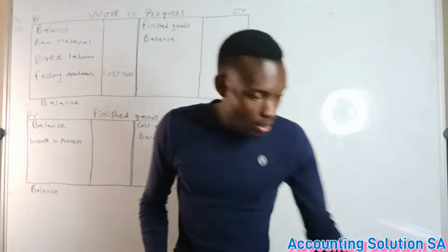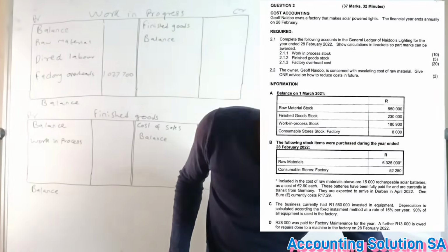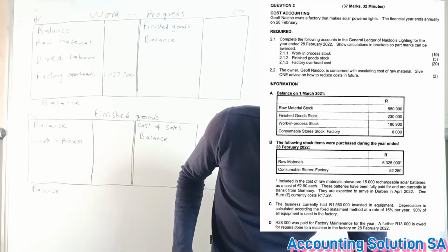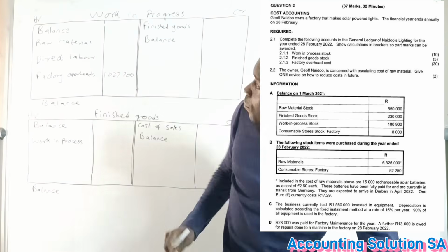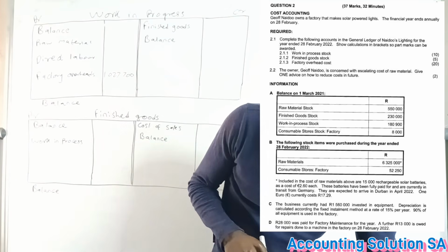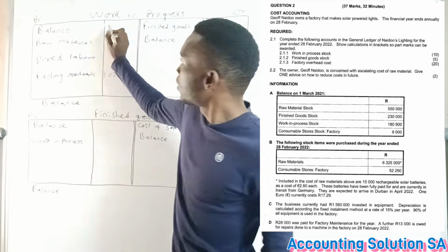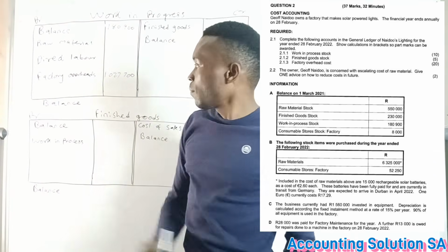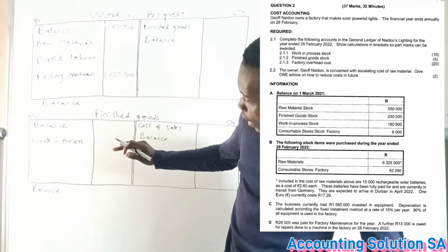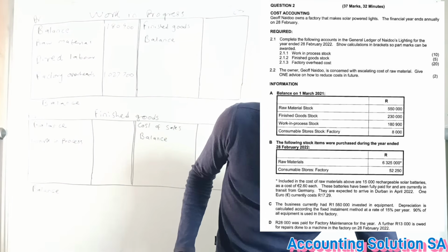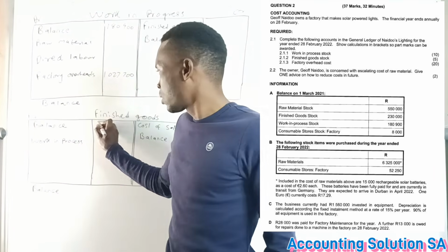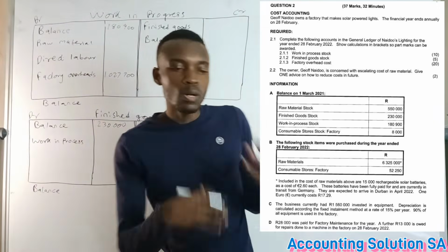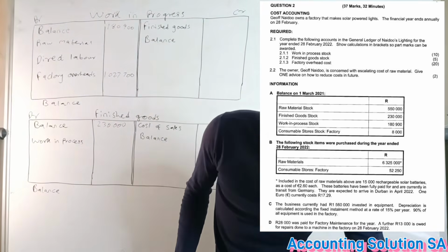Okay, let's draft these balances. The opening balance for the first account, which is work in progress, is 180,900. Okay, and the opening balance for the other account of finished goods is 230,000. Okay, now let's go and check our closing balances.